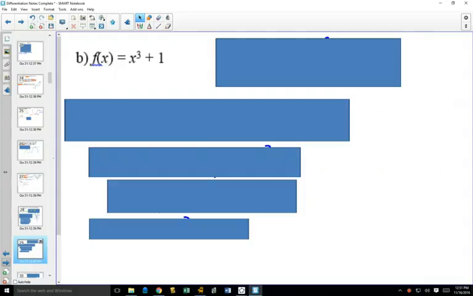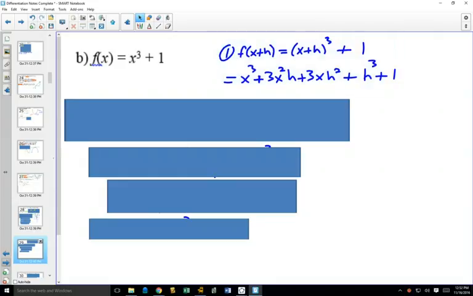Should we do one more together? Okay. Here's the, you remember Pascal's triangle? It would be a 1, 3, 3, 1 for x cubed. You remember that? 1, 1, 1, 1, 2, 1, 1, 3, 3, 1. So if you had x plus h cubed, those would be the coefficients.